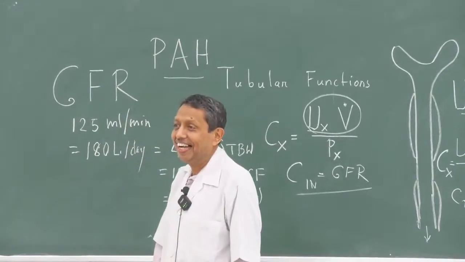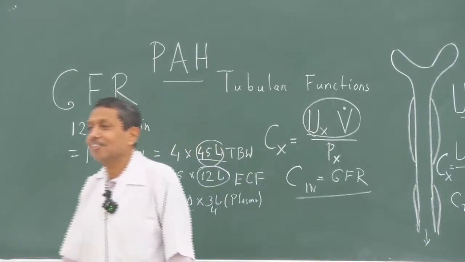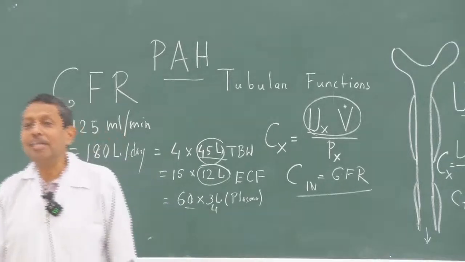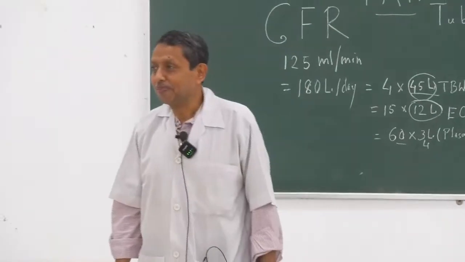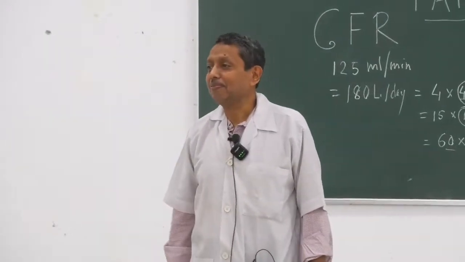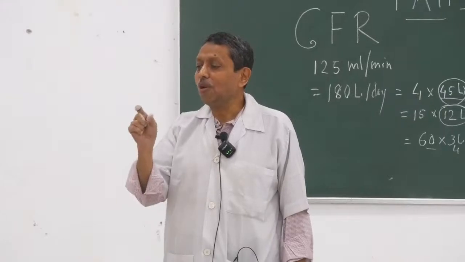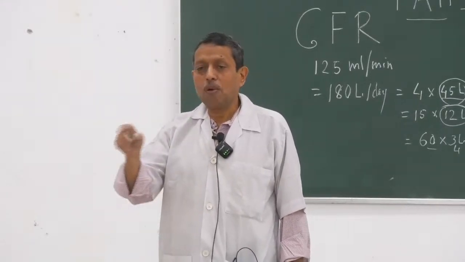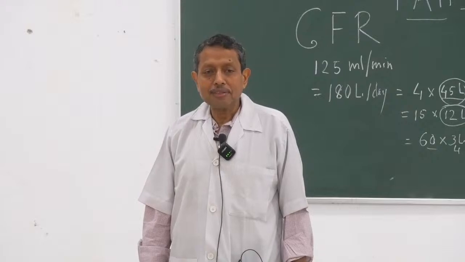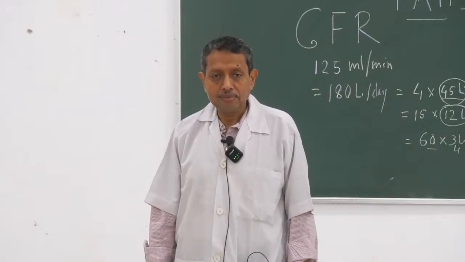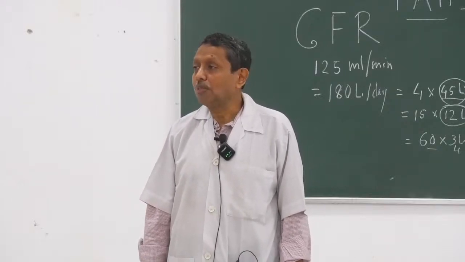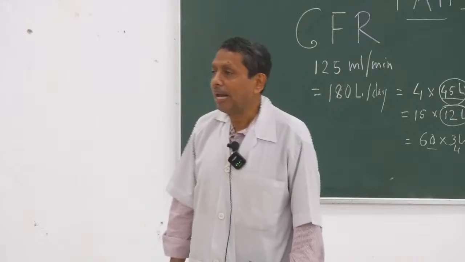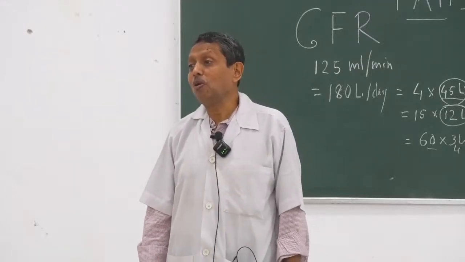Para-aminohippuric acid. Hippuric acid is a benzoyl glycine. Benzoic acid moiety is attached by a chemical bond to the glycine. And in the para position of this benzene ring, there is an amino group: para-aminohippuric acid.